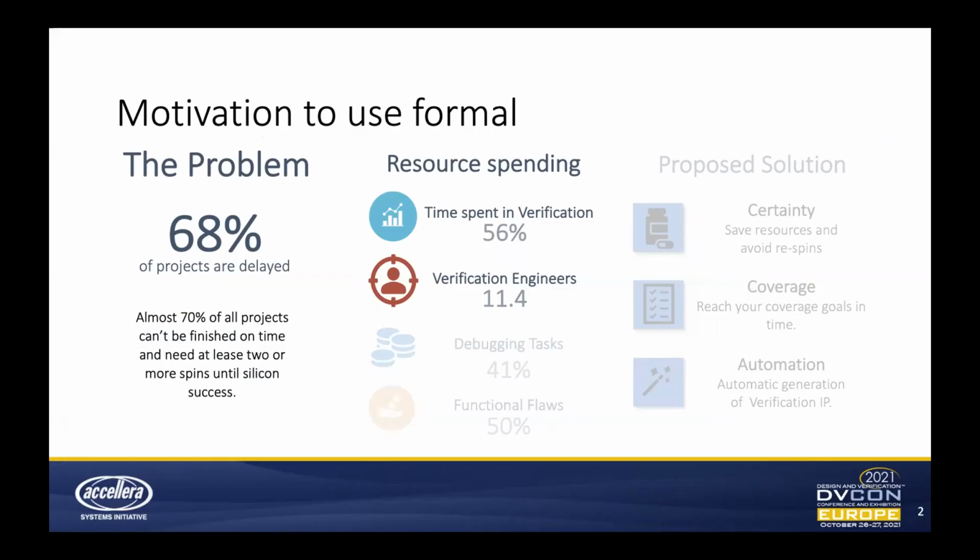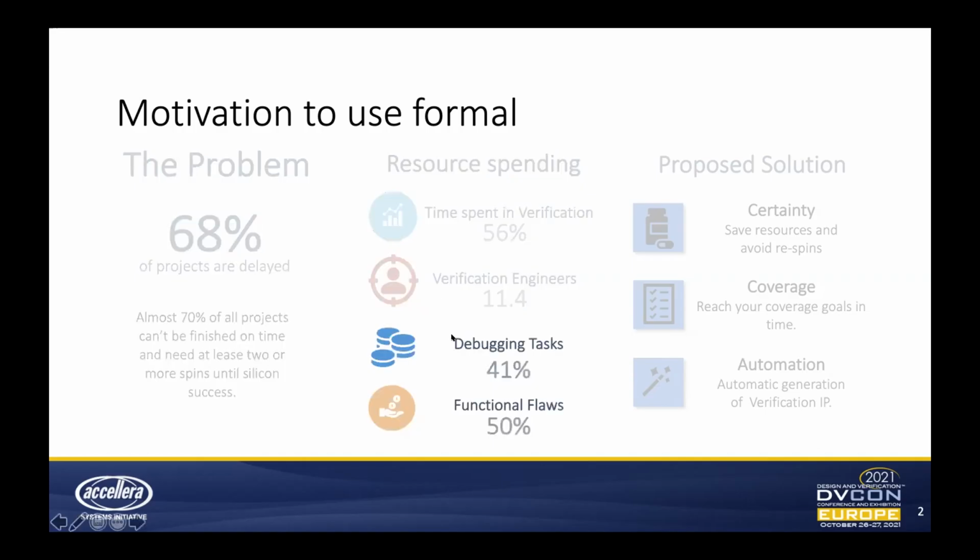Those numbers, most people know, are the Wilson Research Study numbers. I'm not going to read them out loud, but the key message is we need more and more time on verification. We spend more time on verification than we spend on actually designing the designs. Also, we have more and more verification engineers per team. And this is something Lubis EDA is not going to change. Also, what I present today won't change that.